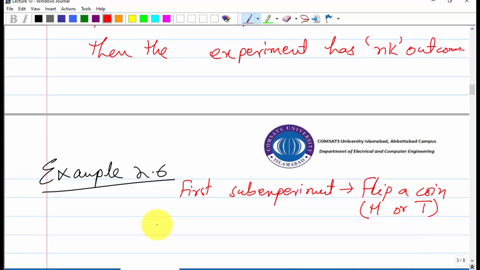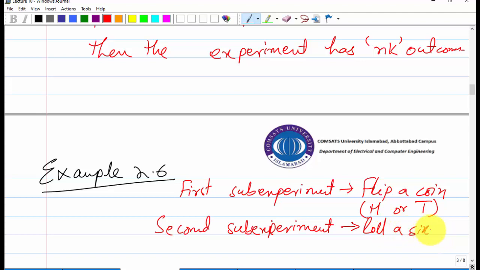The second sub experiment is to roll a six-sided fair die.